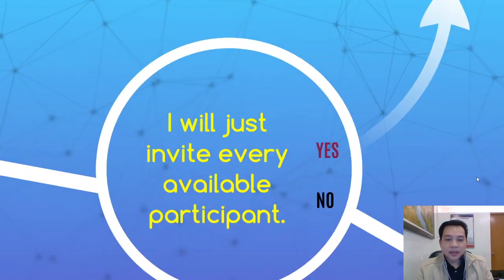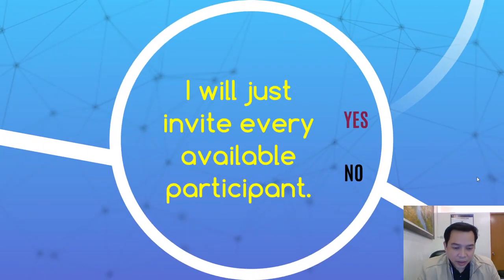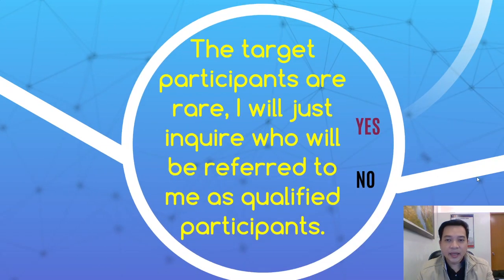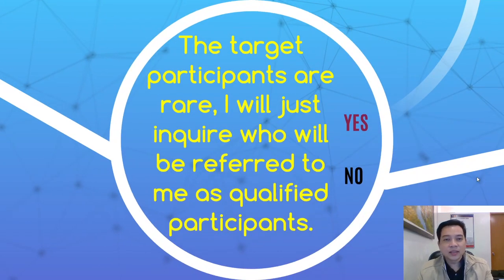Okay? So going back to that question, when you say no, I don't want to just simply invite who is available or accessible to me, then the next question is, are the target participants rare?